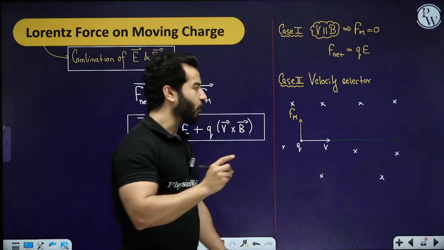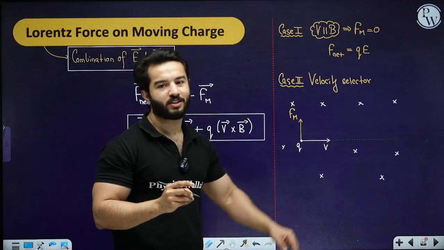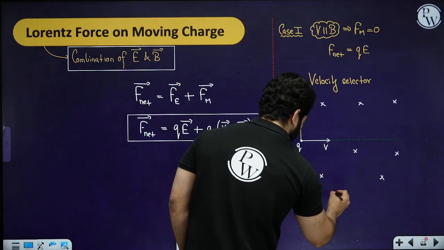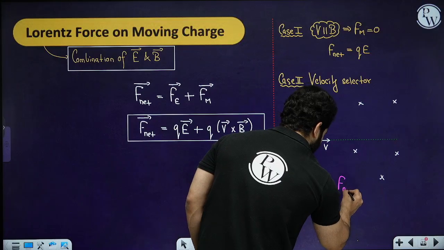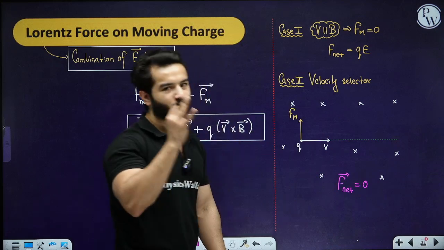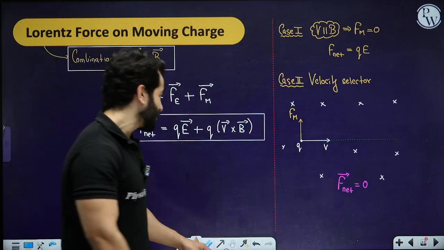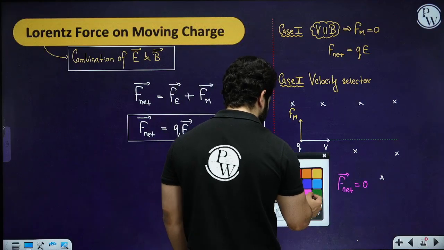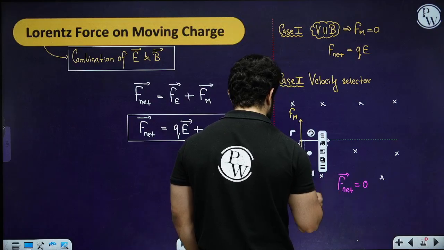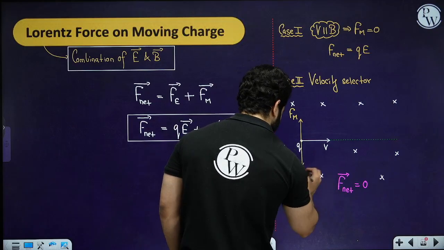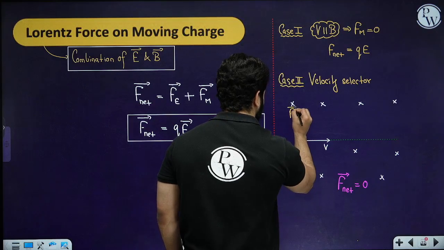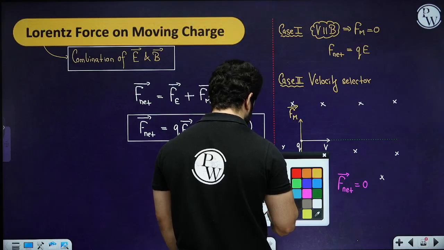Now, if we want the charged particle to move in a straight path, it means that the net force must be 0 on this charged particle. Then only we can say that the particle will not change its path, because then the acceleration will be 0. And if it is a positive charged particle, then the electric force should act something like this, and for that, the electric field should be in this direction.